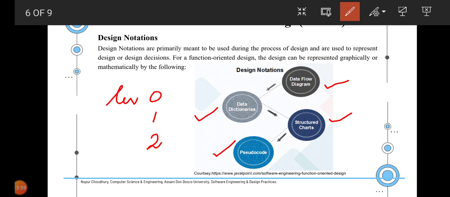That means any close representation to maybe English for us, or any other language as per the user's choice. So the pseudocode essentially will represent the different step-by-step operations which will be performed during the implementation of the system, as well as the data which will be used as the input and the output.